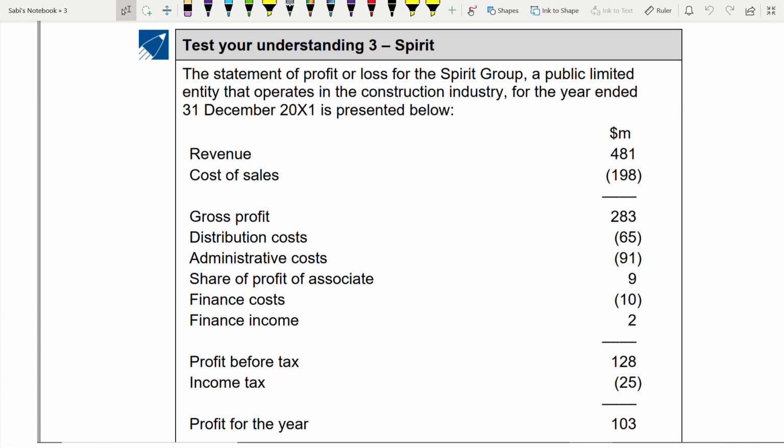You have been given the statement of profit and loss for a construction industry. You have been given the revenue, cost of sales, gross profit, distribution, admin, finance. Just check the way the expenses have been categorized, whether it is according to the nature or the function. And the share of profit of associate is 9, and then we have profit for the year and all.